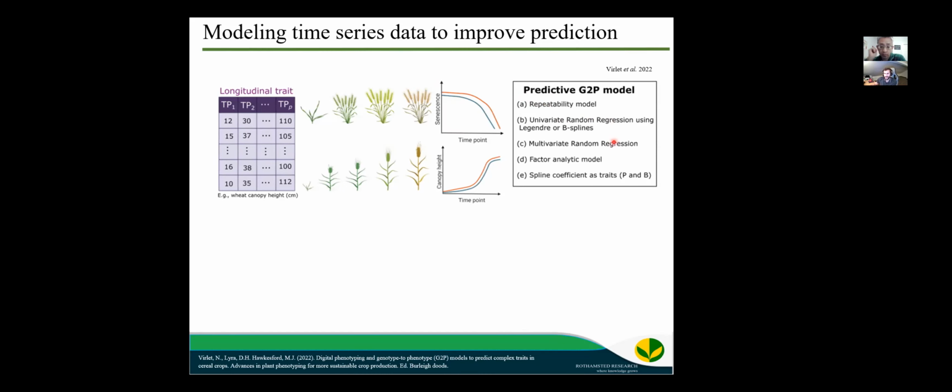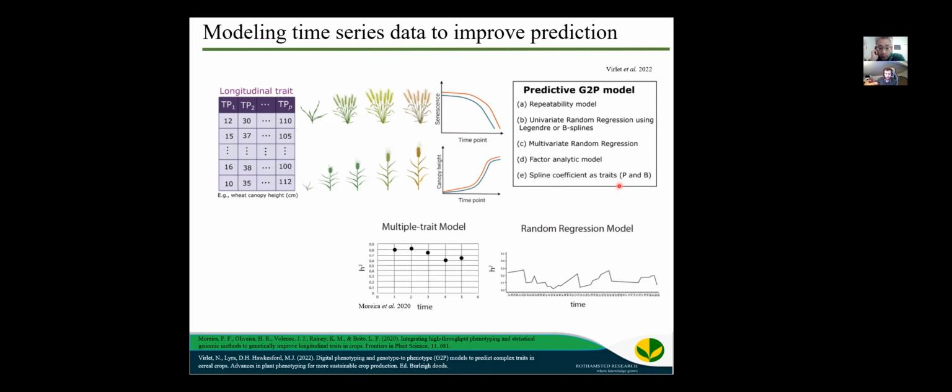Again, you can have many different models. The most common ones are multiple trait and random regression. If you look at the literature, random regression is cited many times, and multiple trait as well. In my understanding, sometimes in a multi-trait model you don't model any growth curve.